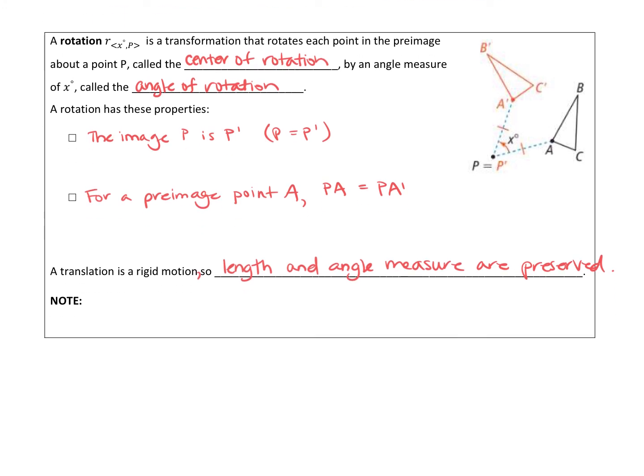All right, and then we're just going to make a note here, and I mentioned up there, a rotation is counterclockwise for a positive angle measure. So what that's saying is, if you're rotating something 100 degrees, that means it's 100 degrees in the counterclockwise direction like this.